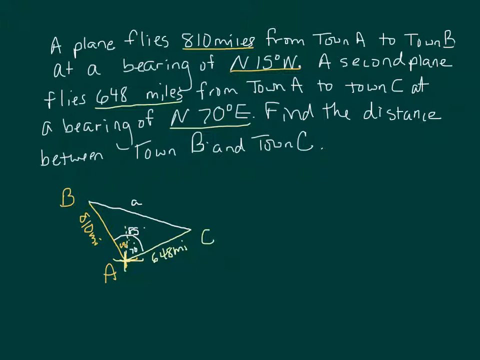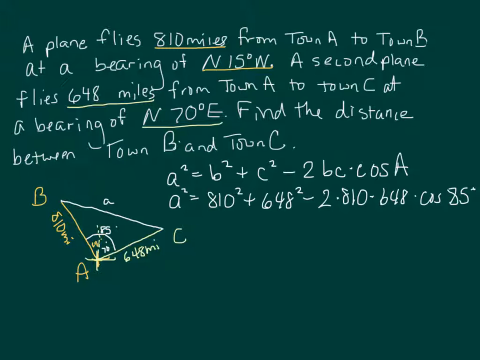This time we're using the standard form, which is the one we don't have a song for, but it's all good. A squared equals b squared plus c squared minus 2bc times cosine of angle A. Now we plug in all those numbers: 810 squared plus 648 squared minus 2 times 810 times 648 times cosine of 85 degrees.